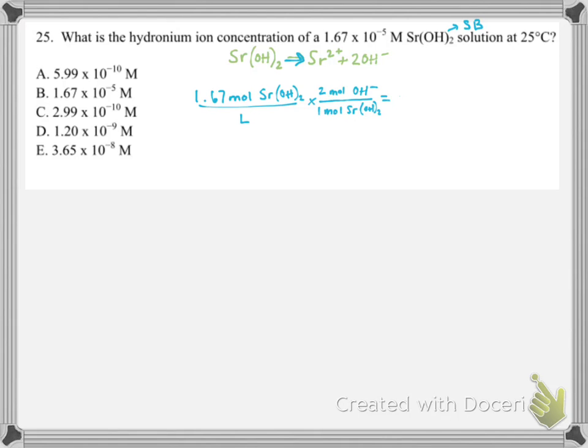So we'll have 2.34 times 10 to the minus 5 molar hydroxide.